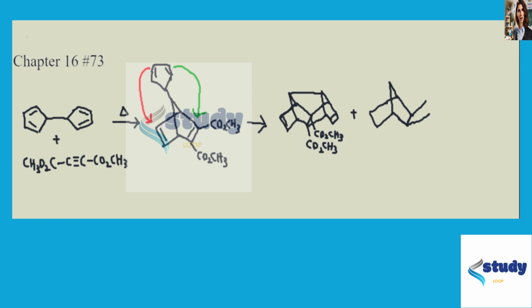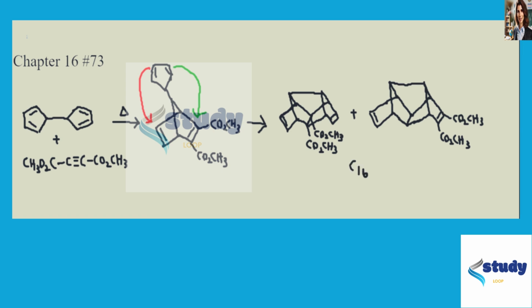So again, this is going to be similar to the first molecule. Still double bonds here and here. But this time what's different is our CO2CH3s are here. And again, this was if we followed the red pathway, the red arrow, and then that is there. Okay, so you can see these molecules are very similar. They really only differ in the placement of those two CO2CH3 groups. And so these are the two products that are formed.